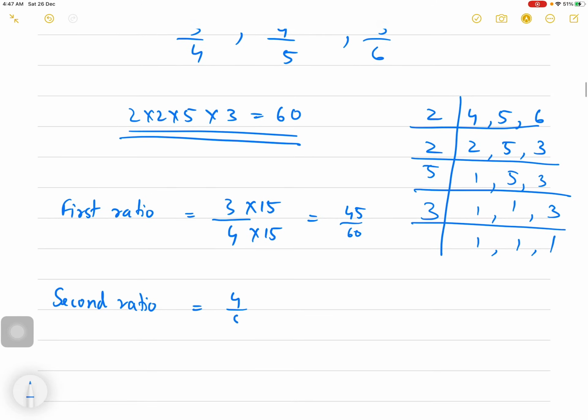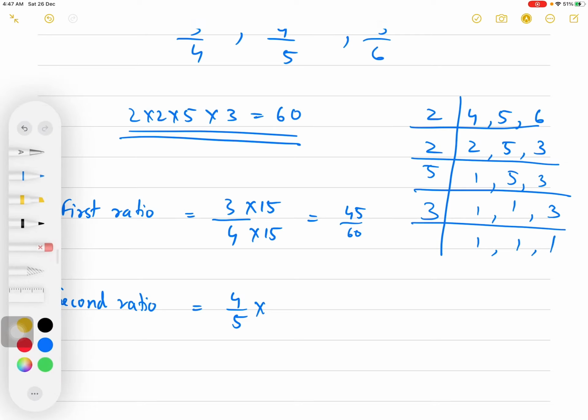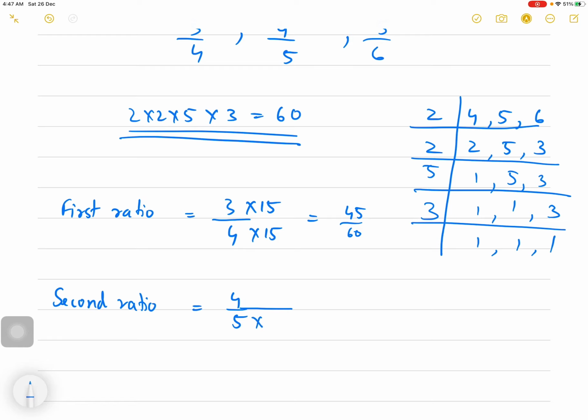So the ratio is 4 by 5. I want to make the denominator 60. So I have to multiply by 12 to make it 60, right? So 5 multiplied by 12 is 60. So I have to multiply the numerator also by 12. So 4 into 12 is 48 and 5 into 12 is 60.